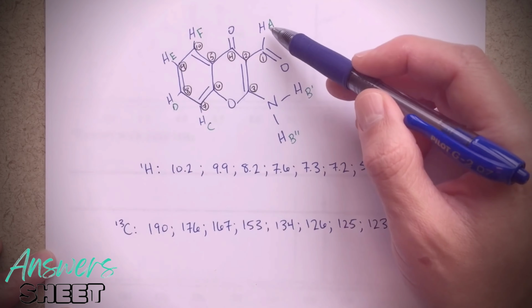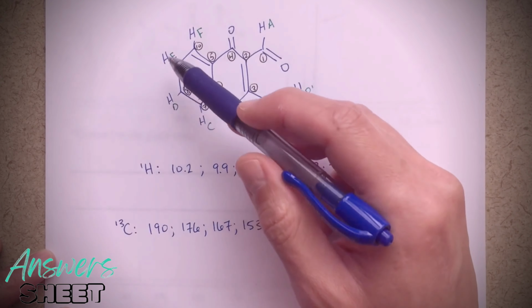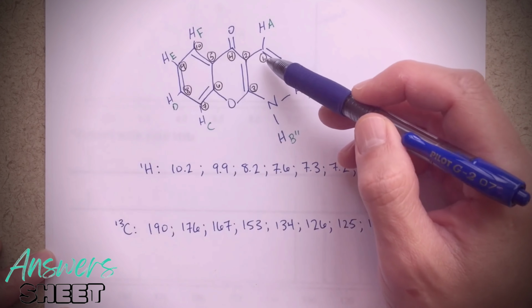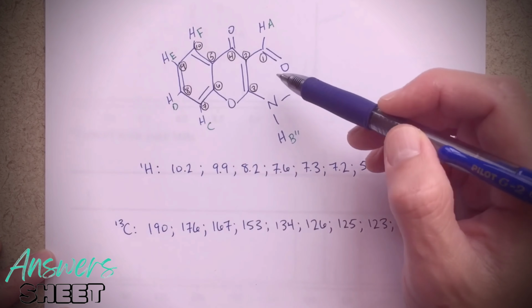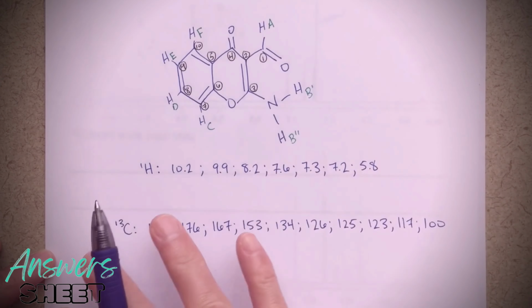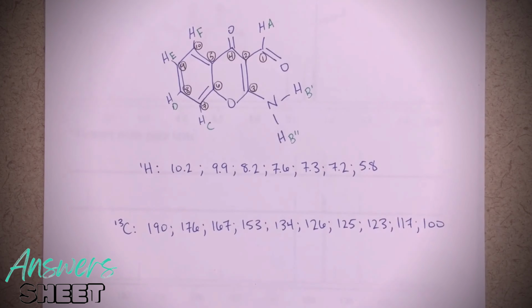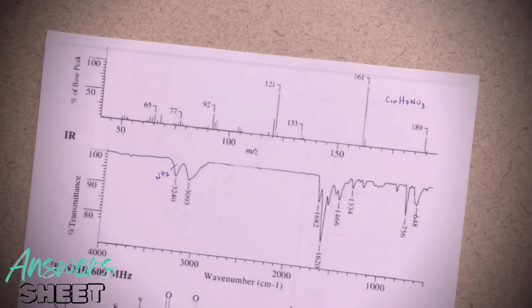We talked about our labeling of our protons, A, B, B prime, B double prime, C, D, E, and F. And then I numbered my carbons, 1, 2, 3, 4, so on and so forth, to number all the different carbons. And then we're going to be trying to assign all the different protons and all the different carbons to these numbers, basically.